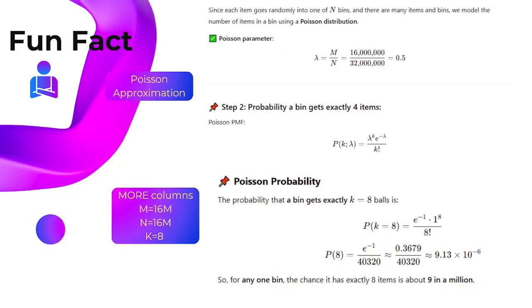But if we reorganize the table so that it has more capacity inside each bin, and fewer bins, what's the probability that we'll fill up to 8? So now to reach 8, the probability is 9 in a million.